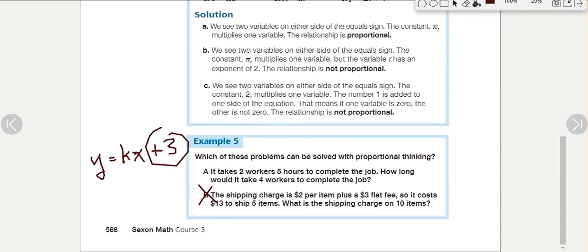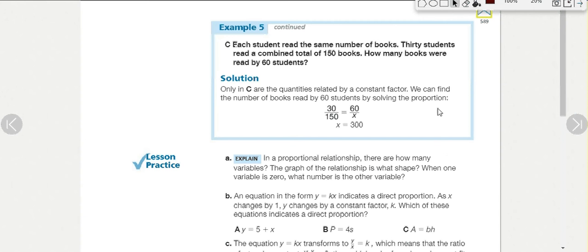It's not going to necessarily stay proportional. If we kept just 2 workers, or maybe if we kept 5 hours, I think that would be it. I don't know. Maybe it'll explain it on the next one.